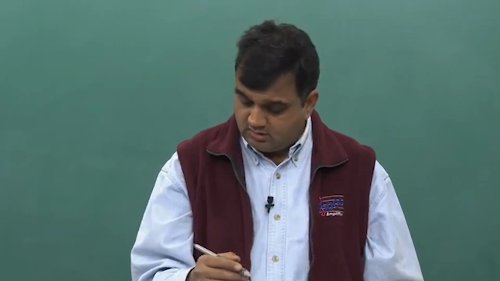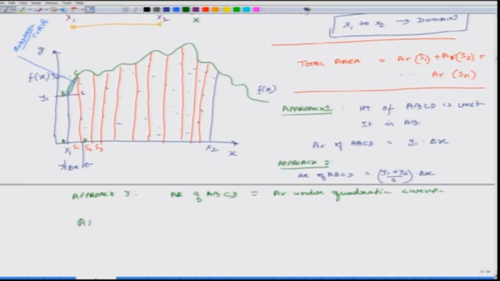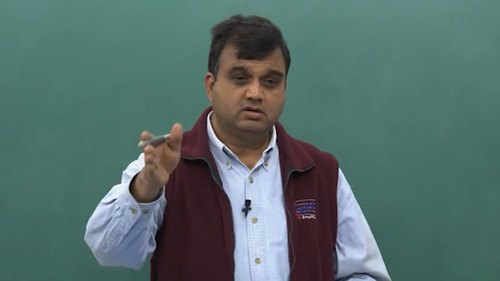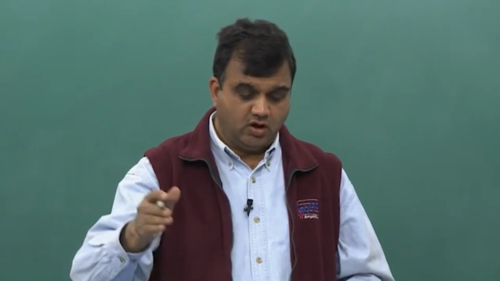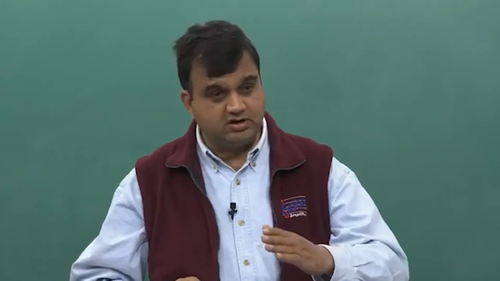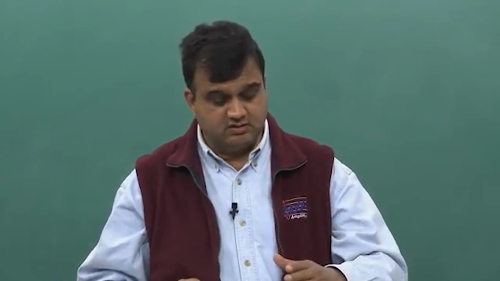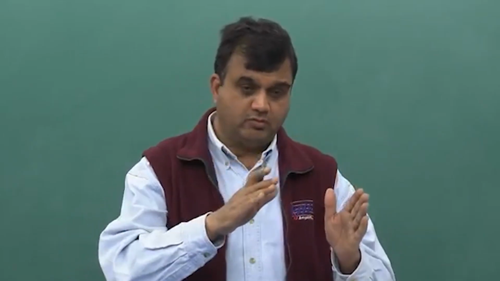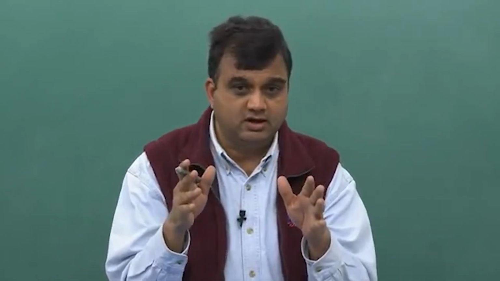Then approach 4 could be that it is not a quadratic curve, it is a cubic curve. I can make this transition between B and C more and more accurate, or closer to reality, if I keep on increasing the order of the polynomials which capture the transition from B to C.